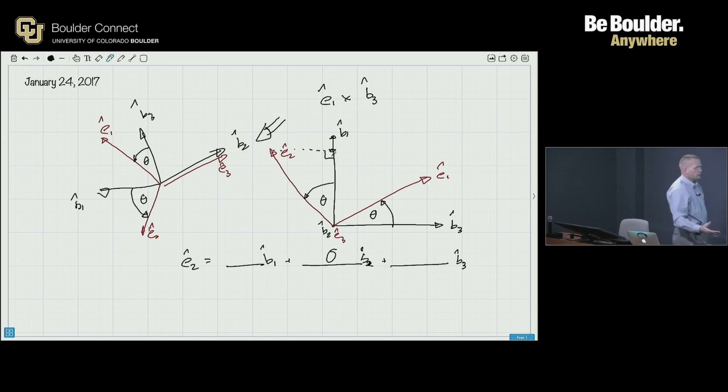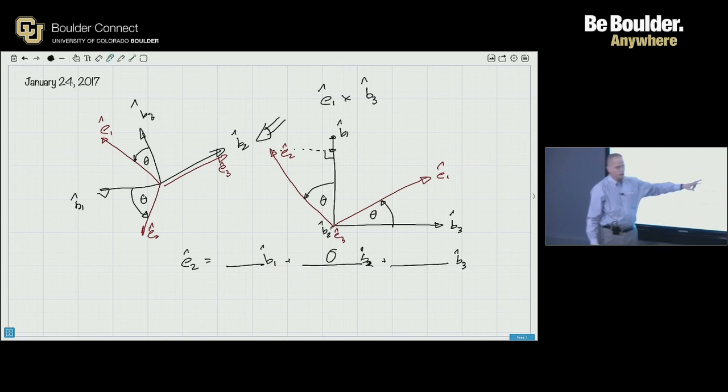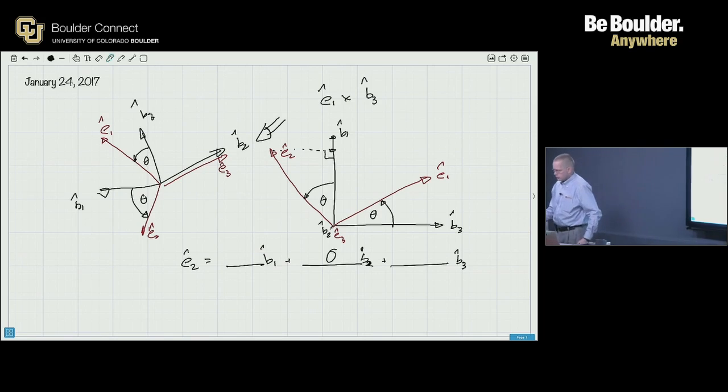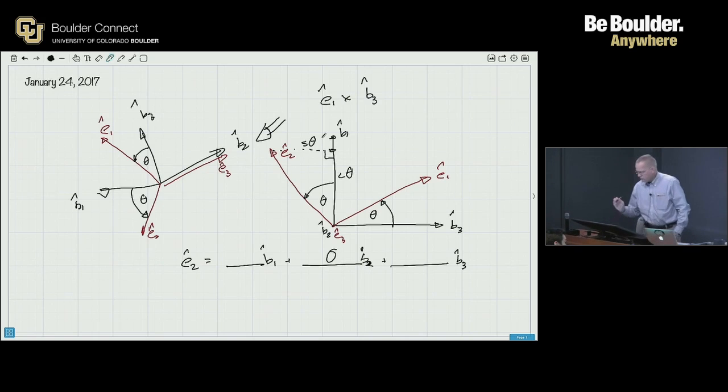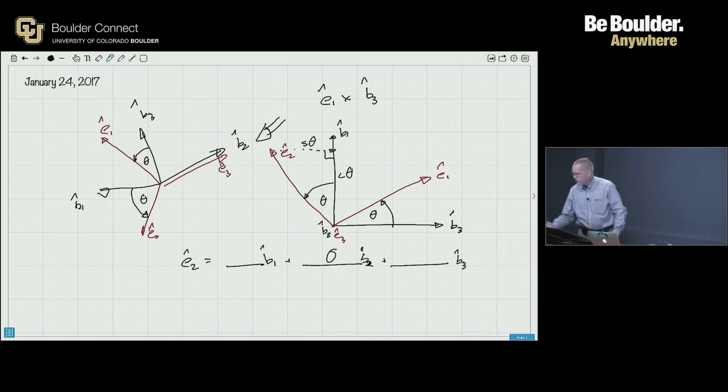Very, very trivial stuff. So in this case, how far do we have to move in the B1 direction? Cosine theta, right? That's the cosine of it, and this would be the sine of it. Now, do you have to move in the positive B1 or negative B1 direction to go from here to here? Positive, right. So that's it. We throw it in. Now we do the same thing here.